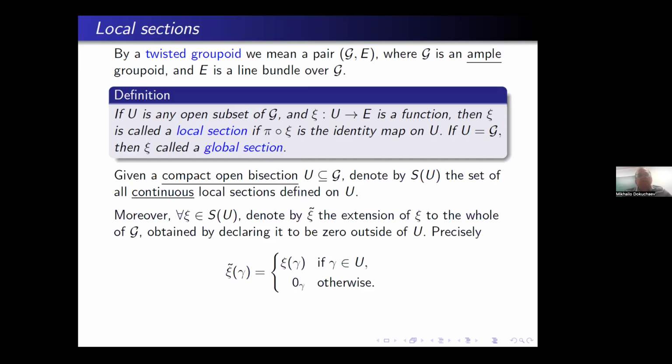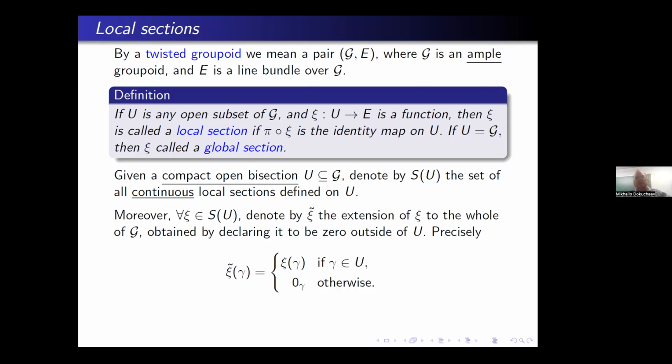Now we will focus on compact open bisections. So presumably you assume that the section is continuous, right? Not so far. Just an arbitrary function, right? Yes, but we will use only continuous ones. I will say it right now in the next line. Given a compact open bisection U in the groupoid, we denote by S(U) the set of all continuous local sections.